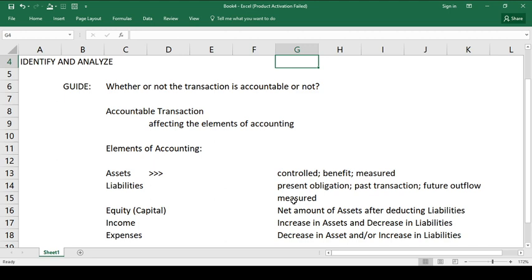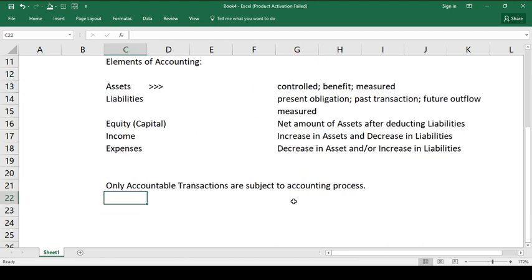Okay? Sir, how about those non-accountable transactions? Those non-accountable transactions will not undergo the accounting process, but they shall be considered as part of accounting reporting.